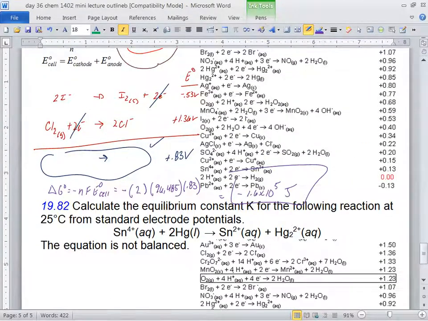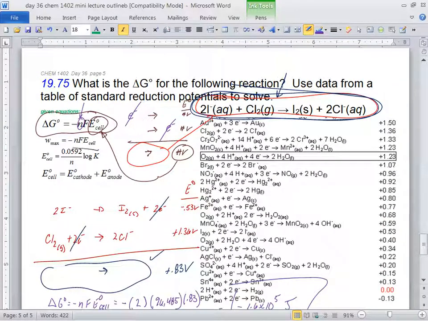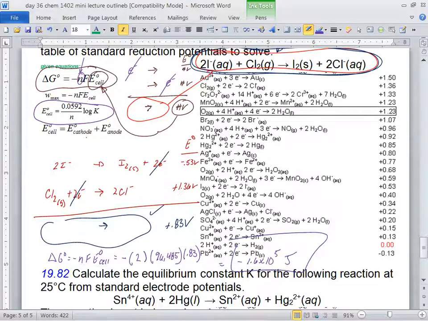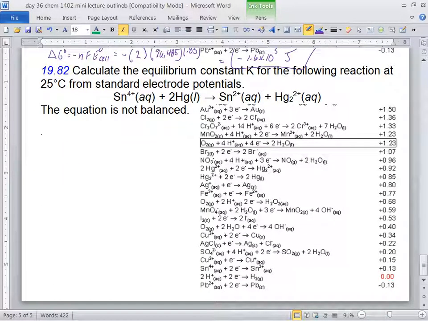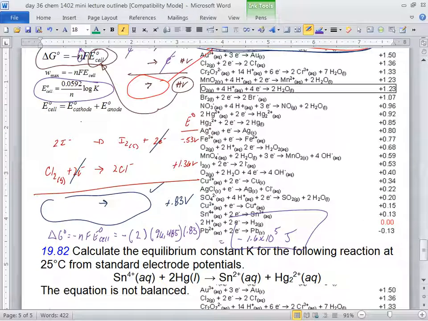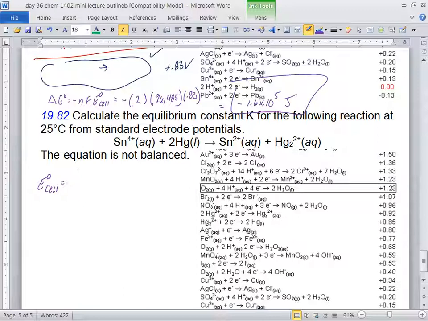Need a big K equation. Not much choice there. What was it? 0.0592 all over n log K. So see if you can identify what the 2 half reactions are.